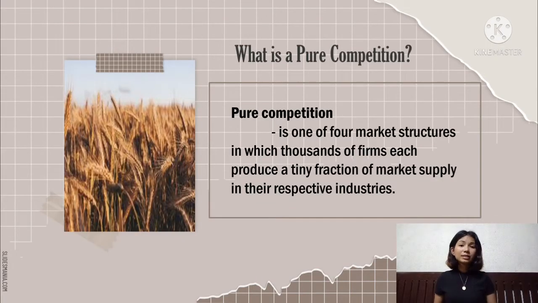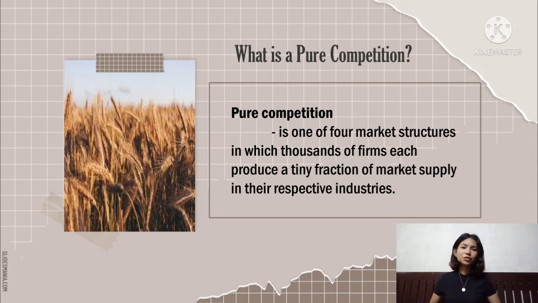So now, what is pure competition or perfect competition? According to our research, pure competition is one of the four market structures in which thousands of firms each produce a tiny fraction of market supply in their respective industries. In simple terms, perfect competition occurs when there is a large number of small companies competing against each other and selling similar products. Take note of that, competing with each other with similar products.